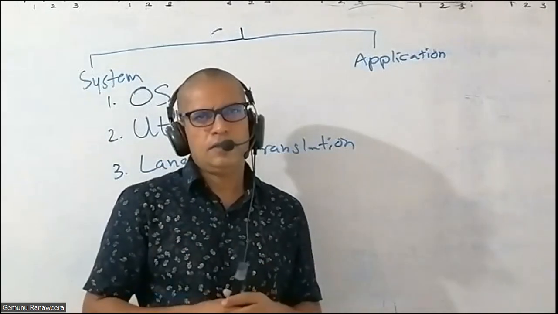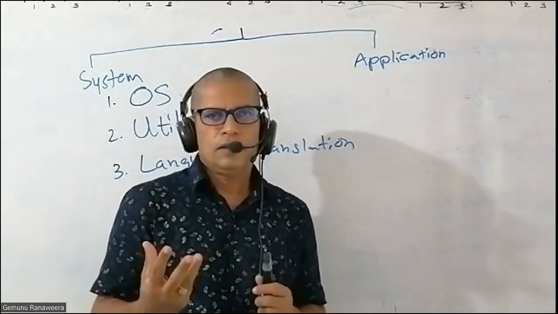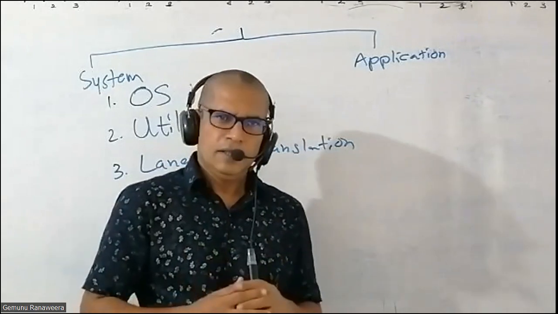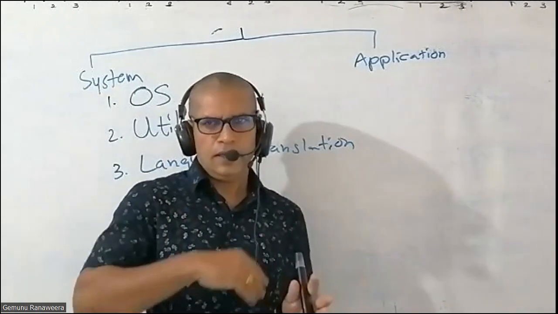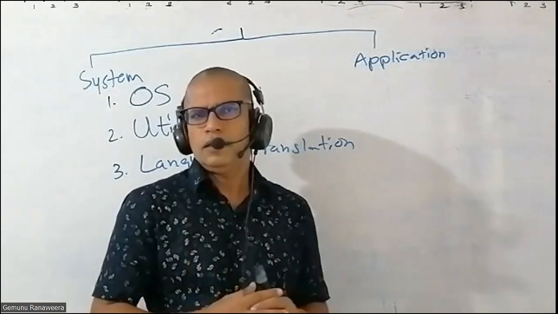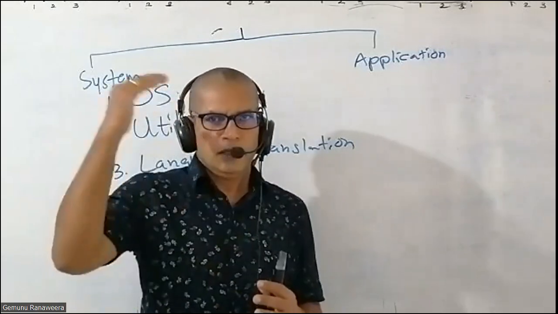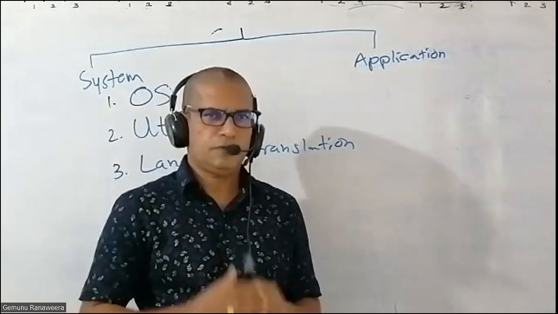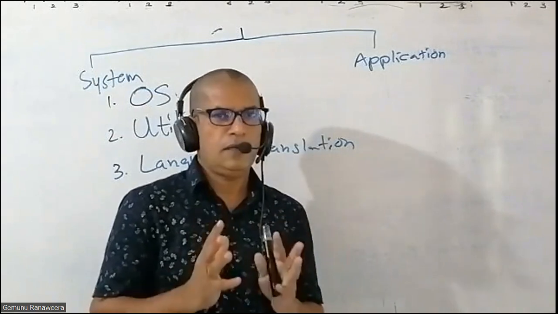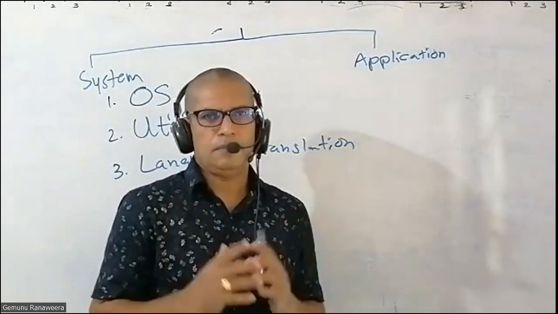So what is the advantage of getting the source code? If we know the particular language used to develop that program, we can modify those source codes and customize the software according to our requirement. Or you may modify the source code and develop another advanced version of the same software. So you must have an understanding of the programming language used to develop that program. That is the main advantage.